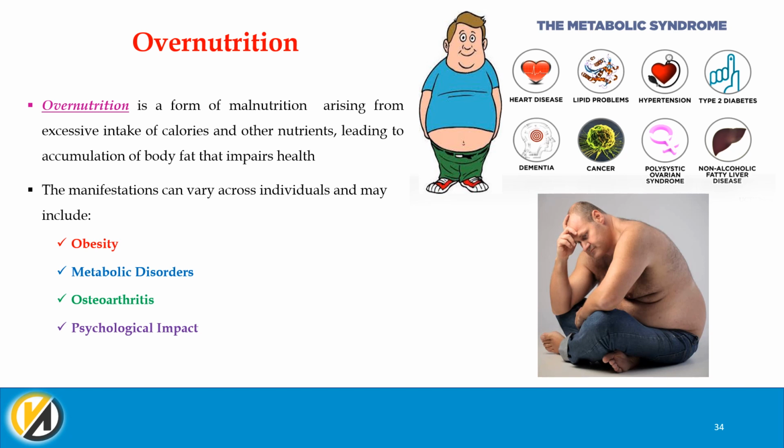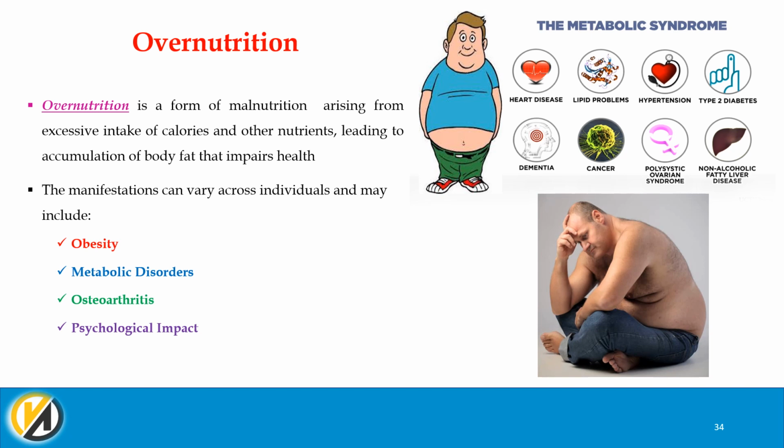Overnutrition. What does overnutrition mean? Overnutrition is a form of malnutrition arising from excessive intake of calories and other nutrients, leading to the accumulation of body fat that impairs health. The manifestations can vary across individuals and may include obesity, metabolic disorders, osteoarthritis, and psychological impact, which is body image problems.